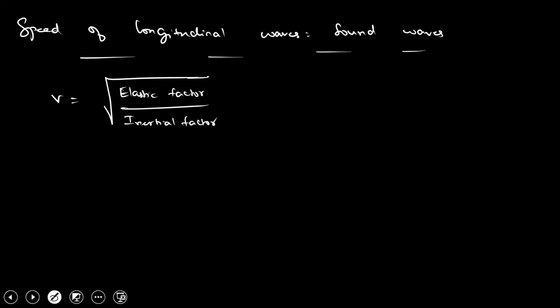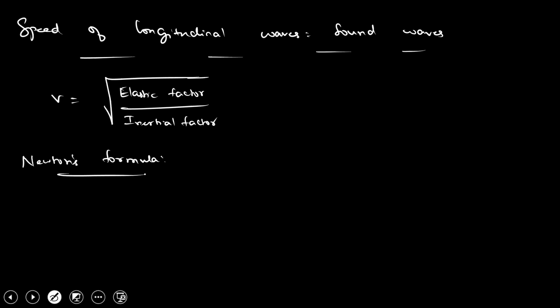So based on this, we are going to derive two formulas. One is called Newton's formula and the second is called Laplace correction. The formula which was proposed by Laplace by doing a small correction to the mistake that happens with Newton. Okay, these two are very important concepts. So the first one that we are going to calculate is Newton's formula.